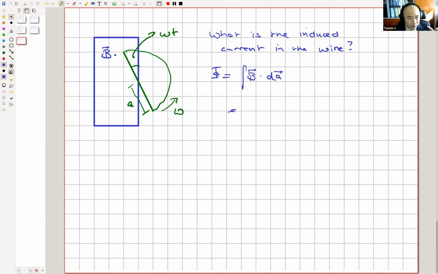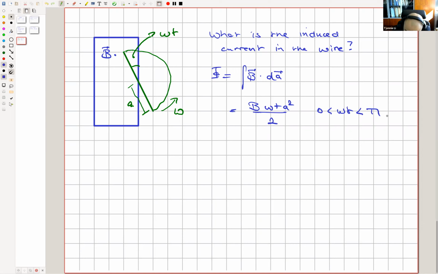How does the area inside this magnetic field vary? This is simply given by omega t a squared over 2. Of course, this is for omega t between 0 and pi.